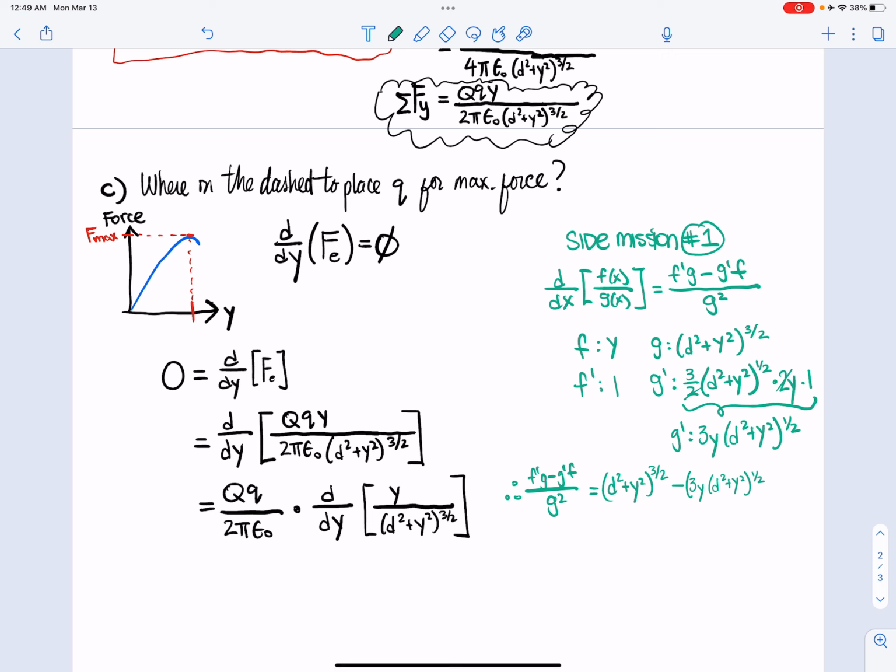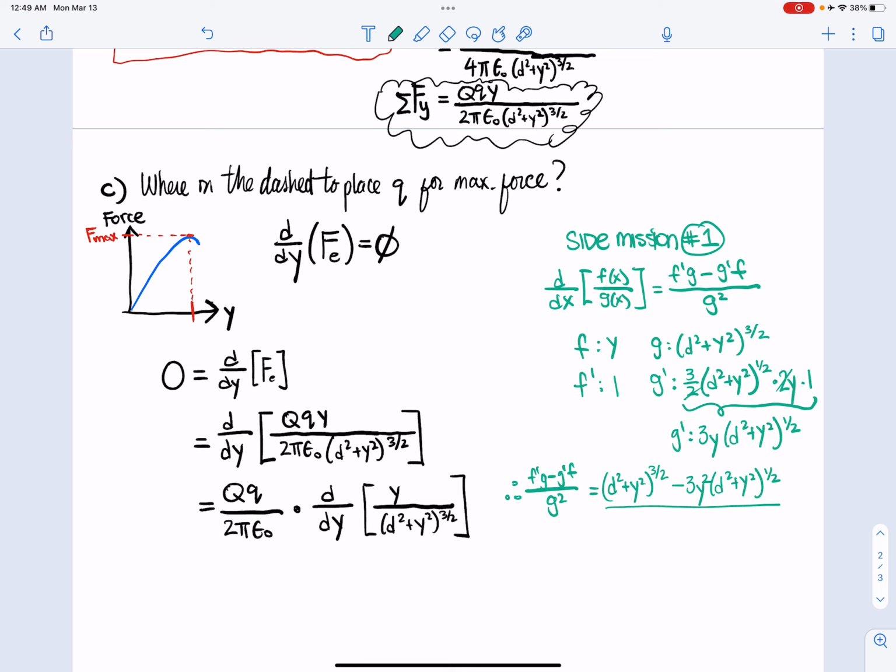So then that would be 3y squared, right? Because I multiplied that by f, which is y, so the 3y becomes 3y squared. And then divided by g squared.